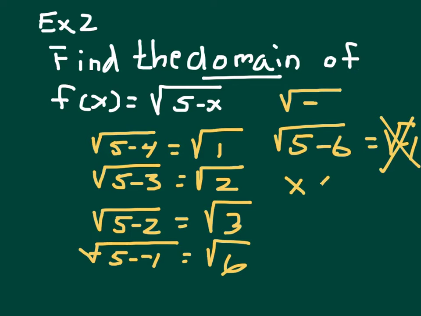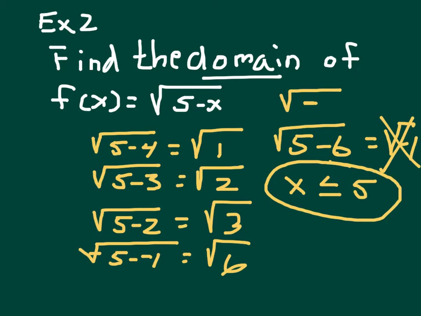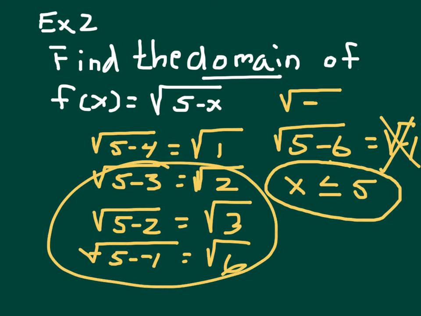Any number that's less than or equal to 5 will work, because once I start putting numbers in that are bigger than 5, I'm going to get a negative. For example, 5.1. What's 5 minus 5.1? Well, I get a -0.1, and I can't do that right now. So any number that's less than or equal to 5, I can put in, because I'll have a result of positive numbers with that.